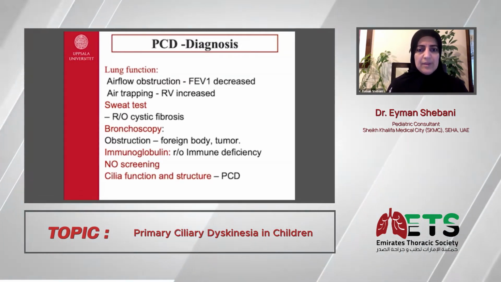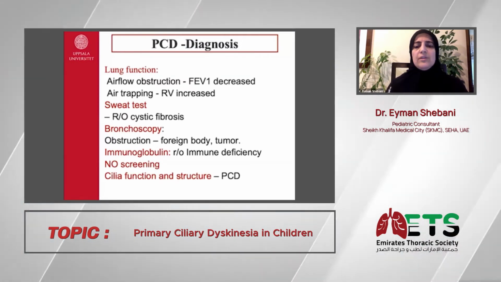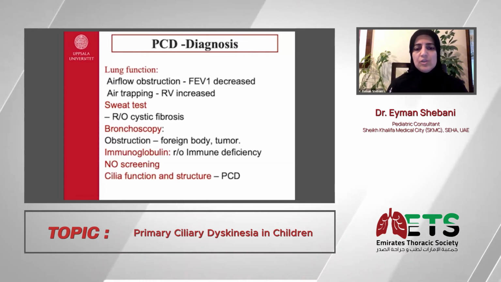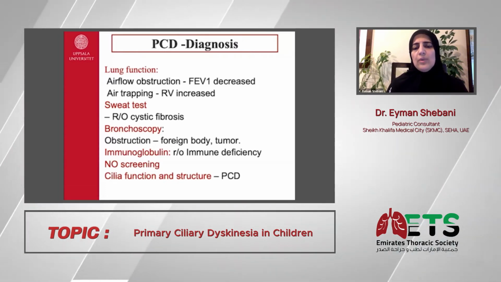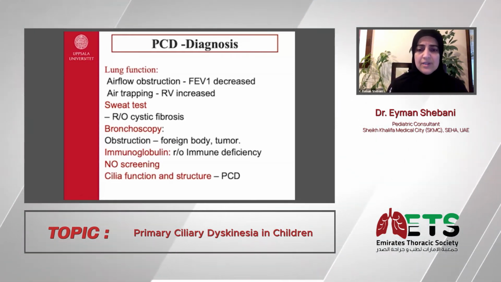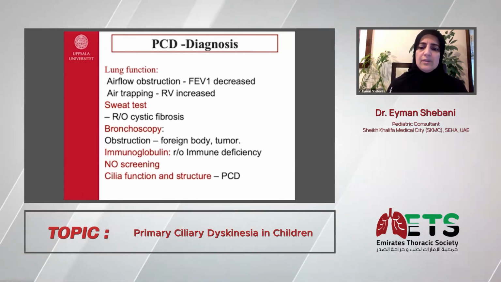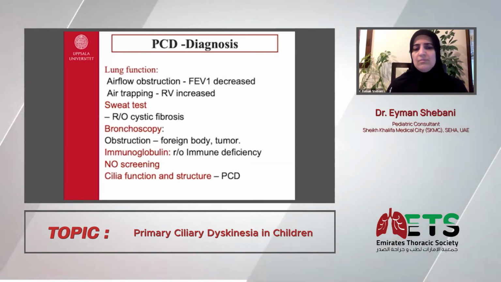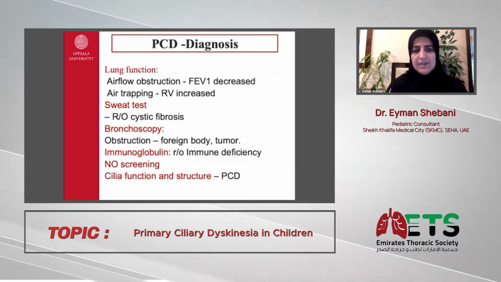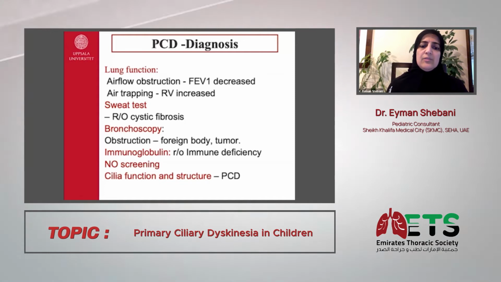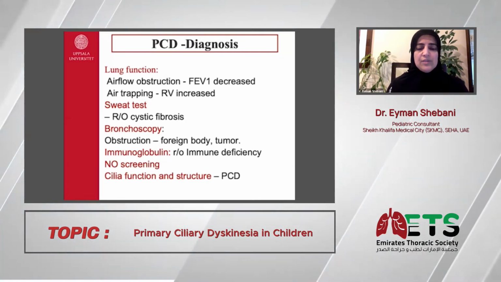You want to rule out other causes. A sweat test should be done in someone who presents with bronchiectasis, chronic recurrent lung infections, or who is always having secretions or chesty, or even further investigations for CF to rule it out.